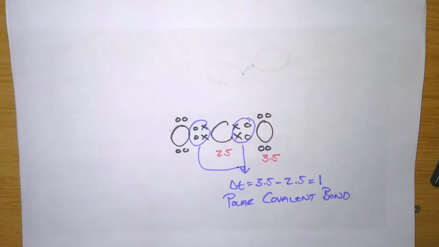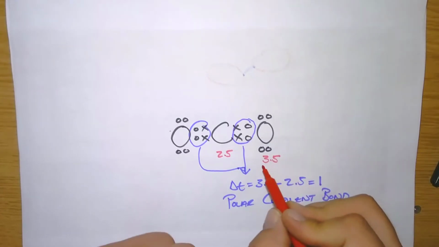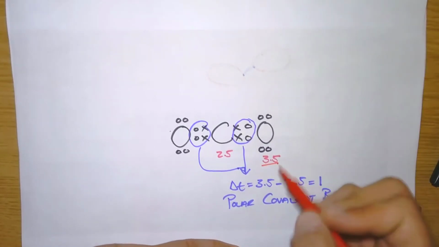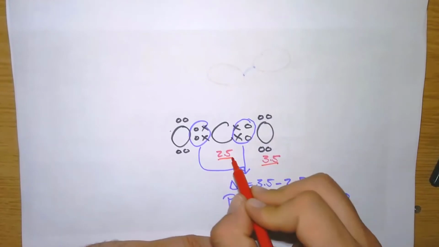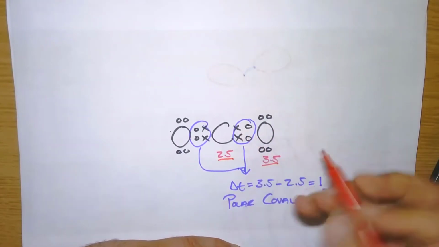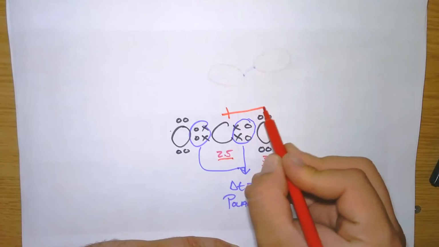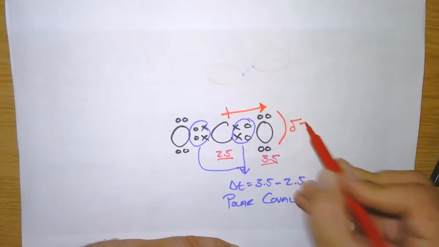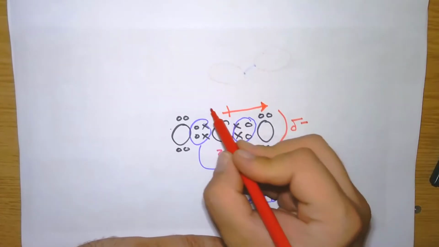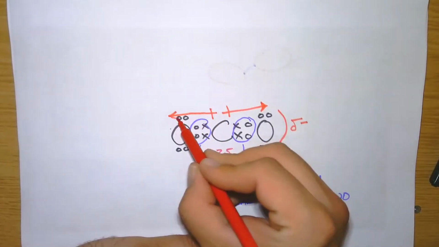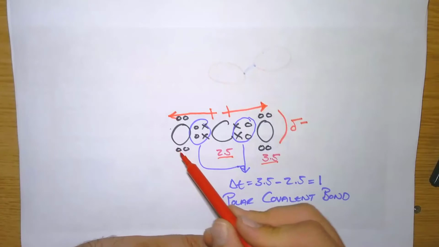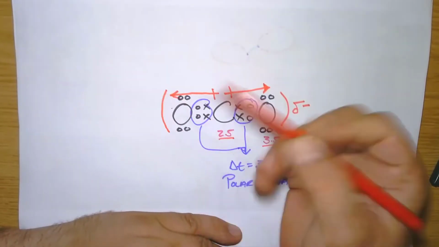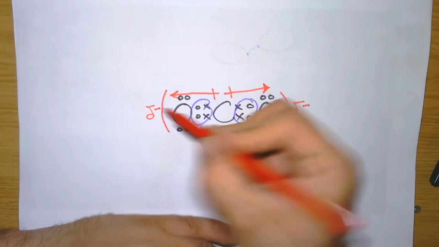Okay, but the electronegativity of the oxygen is stronger than that of the carbon, meaning the shared electrons here are pulled towards the oxygen, making the oxygen slightly negative. And on the opposite side we have the same case where the shared electrons spend more time around the oxygen, making the oxygen slightly negative.